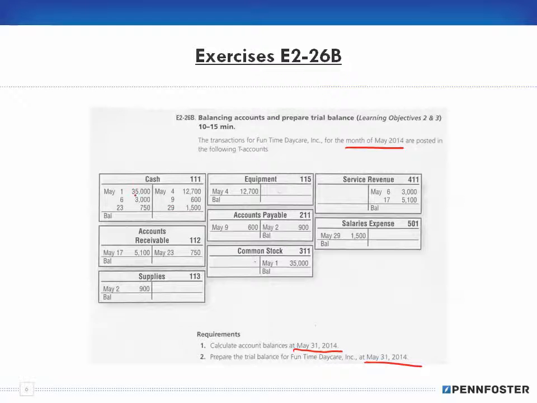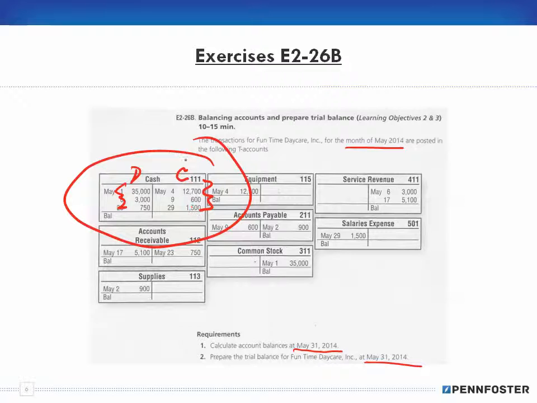All right, so all we're doing is looking at each account individually. We'll look at cash first. This is the debit side and this is the credit side. So we add up our debits, we add up our credits, and then subtract one from the other.